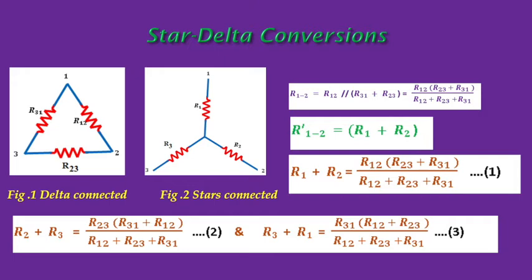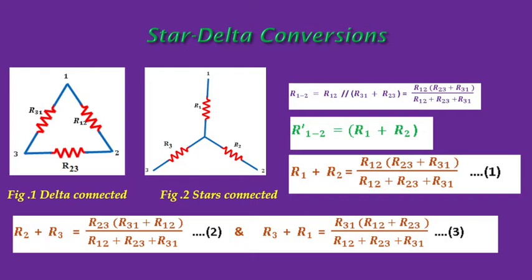So the resistance between terminals 1 and 2 for the delta network is R12 parallel to R31 plus R23. Then we get this value. Then the resistance between terminals 1 and 2 for the star connection is simply the summation of R1 and R2.